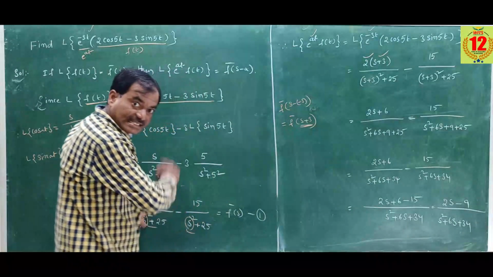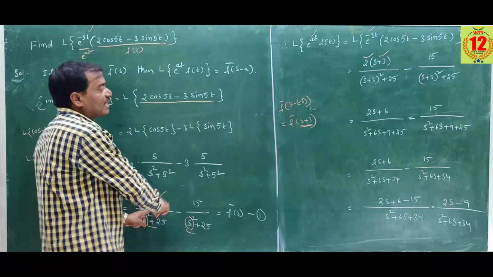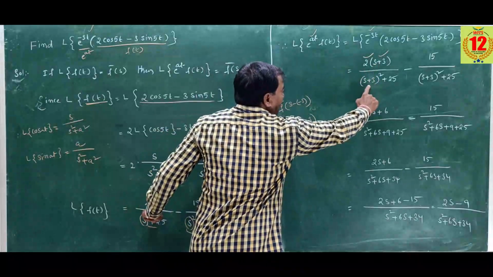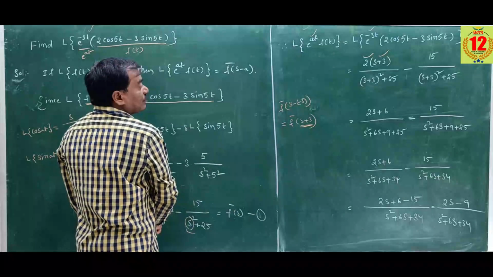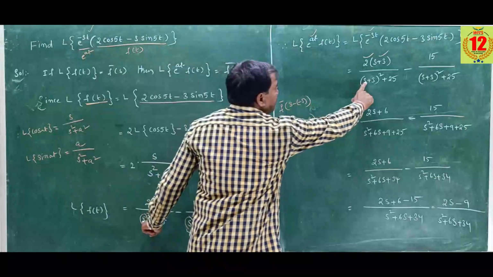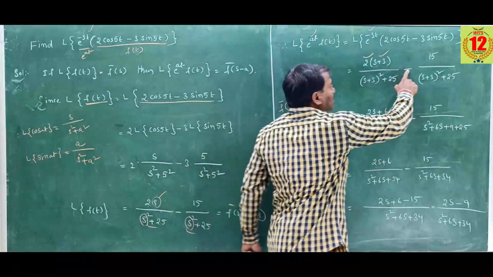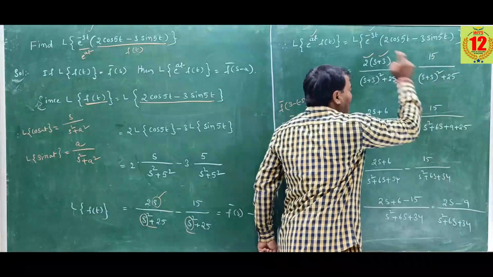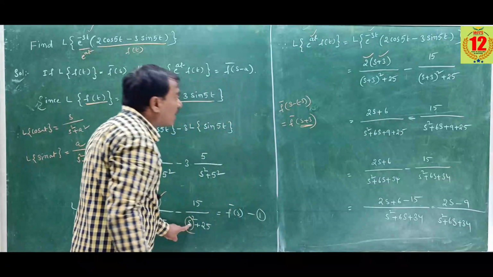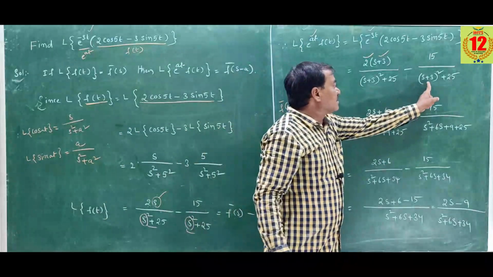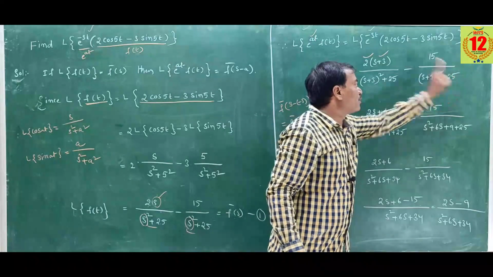So this equation becomes in this form: 2 into s, where this s is replaced by s plus 3, by s plus 3 whole square plus 25, minus 15 by, again with s replaced by s plus 3, s plus 3 whole square plus 25.